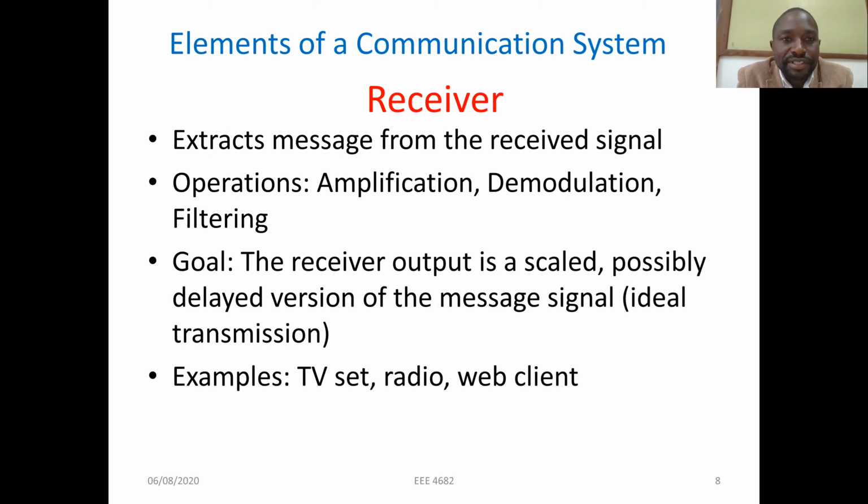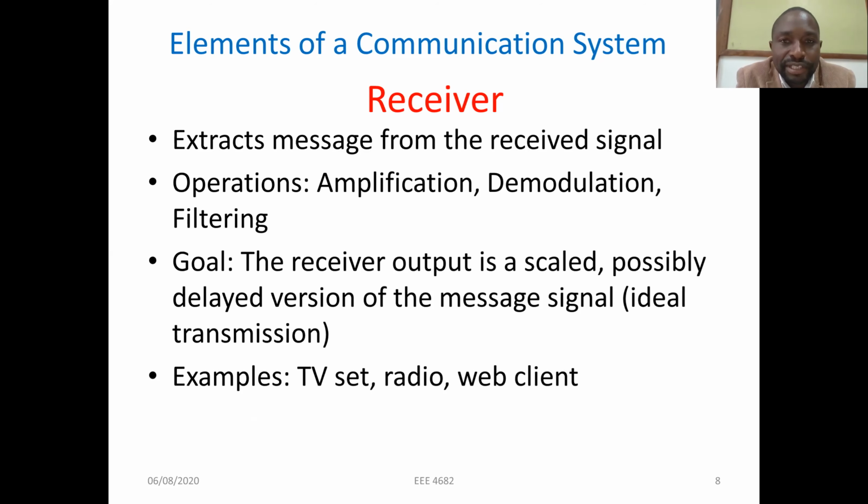Then we've also got the receiver, which extracts the message from the transmitter via some channel, and it will also perform amplification, demodulation, and filtering functions. And usually the goal of any receiver is to produce an output that is a possibly delayed version of the message signal.